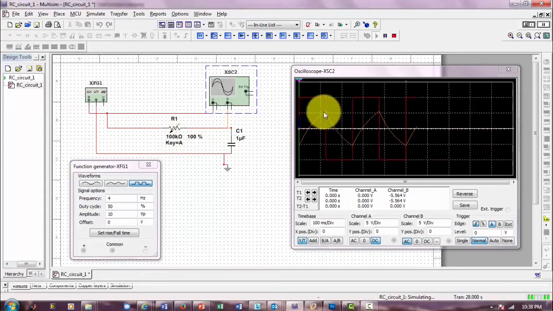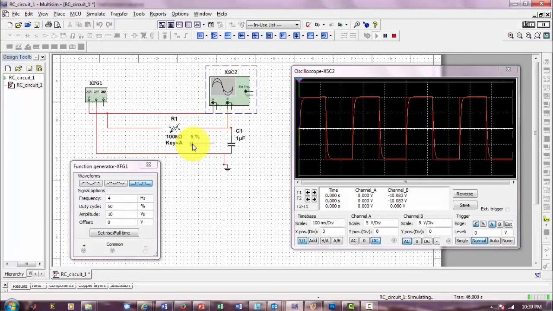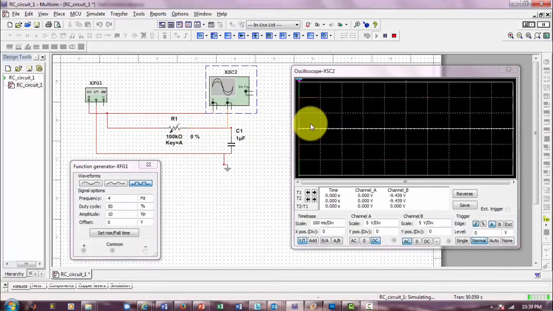Now I can get there by decreasing the resistance, which decreases the time constant, and you could see that it's charging up much faster as well as discharging faster. And when it gets down to close to 0, you could see that the voltage of the capacitor is following the square wave of the signal generator.